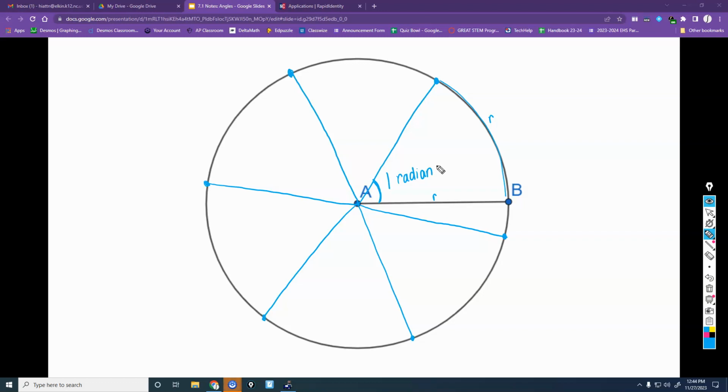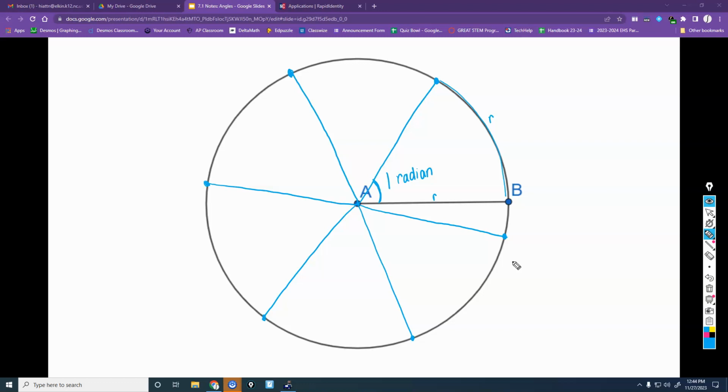Okay, so that radian is the angle that will go with the arc that has the same length as the radius.